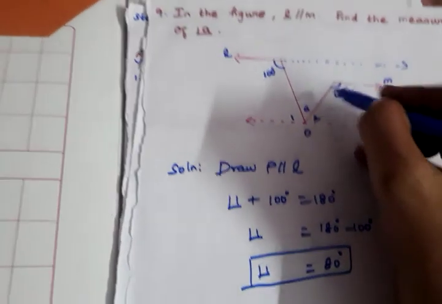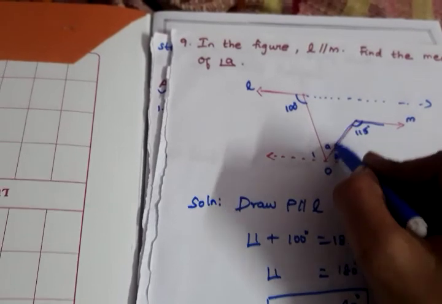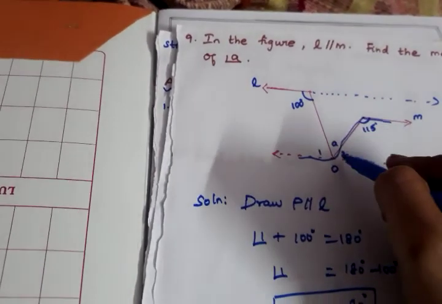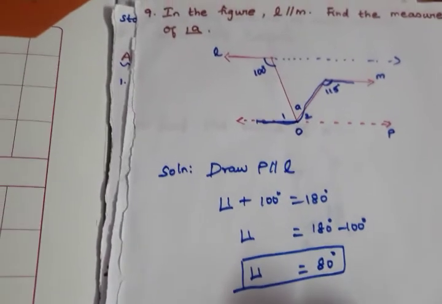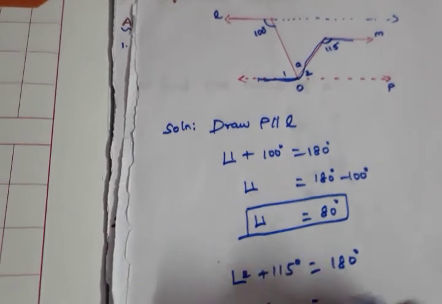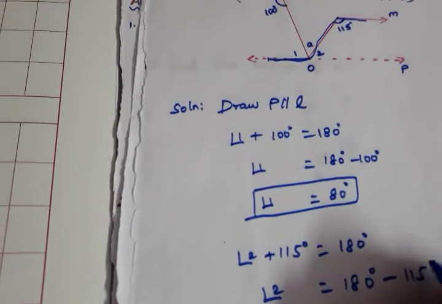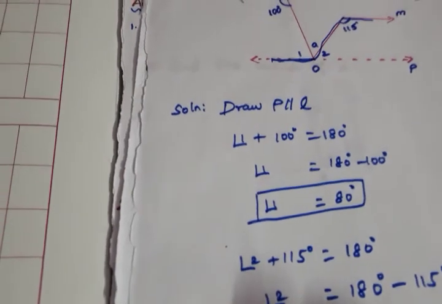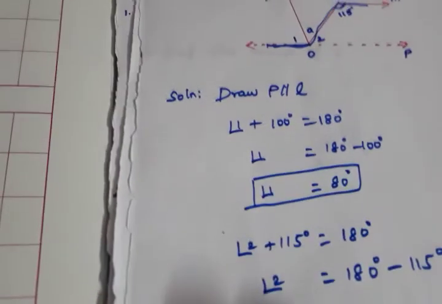This side is angle 2, a Z-shape angle, so this is equal and this is equal. Angle 2 equals 180 degrees minus 115 degrees, which is 65 degrees.